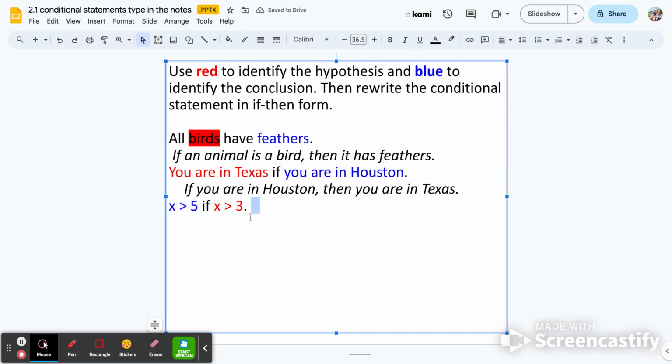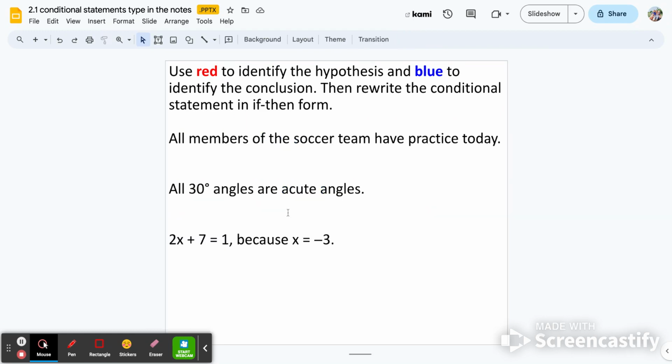So how we would write this in a statement, we would say if x is greater than 5, then x is greater than 3. Sometimes your hypothesis and conclusion can be swapped around. It just depends on what mathematically makes sense.